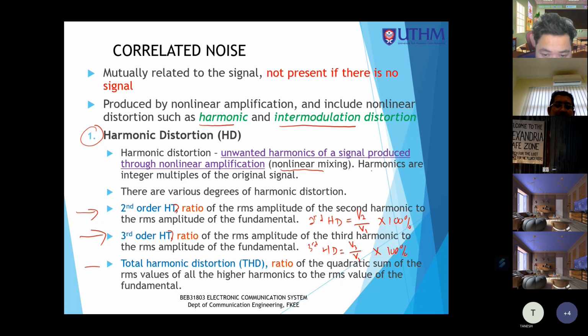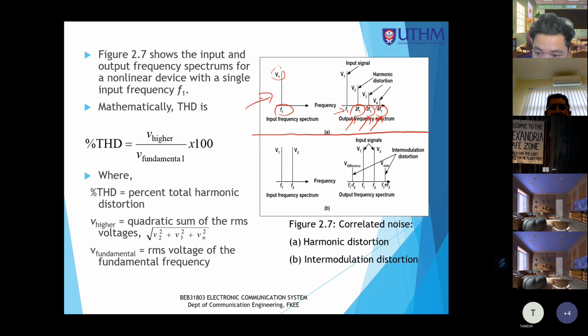And for the total harmonic distortion, we will look at it next. It is the ratio of the quadratic summation of the RMS values of all the harmonics divided by the fundamental voltage. What does it look like? For total harmonic distortion, it is stated here: total harmonic distortion in percentage is V higher, the quadratic summation, divided by V fundamental.